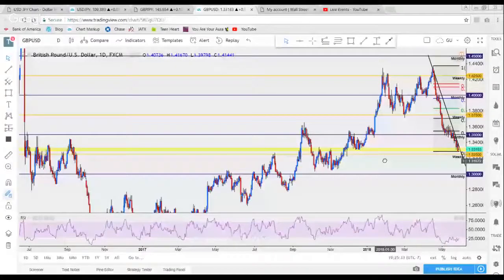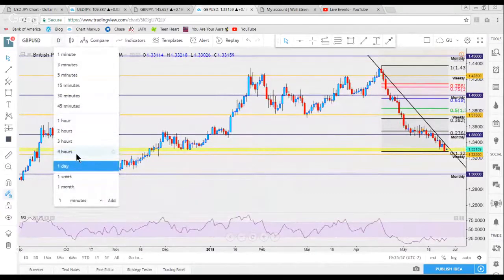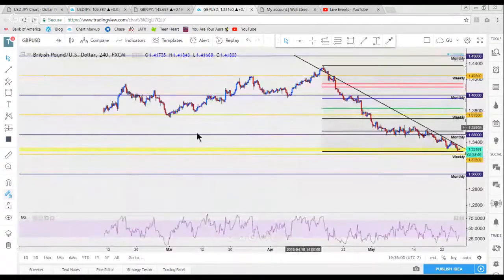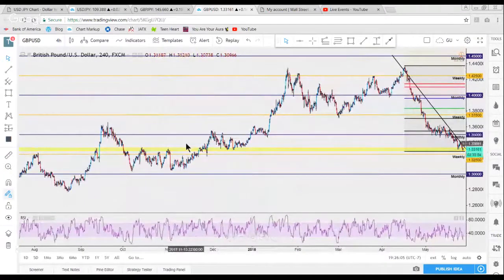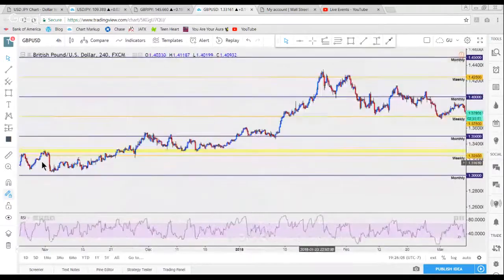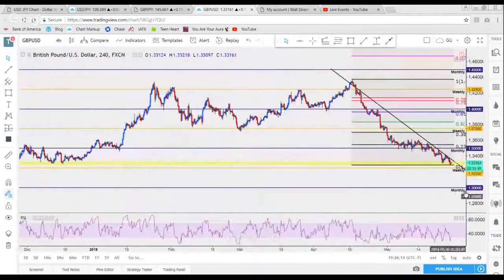I also have it up on my iPad here. Going to the 4 hour, because you guys know I like to move from higher time frames to lower time frames, you can see even better how this area is a good area for price reversal and such.